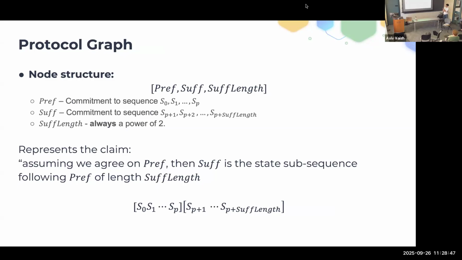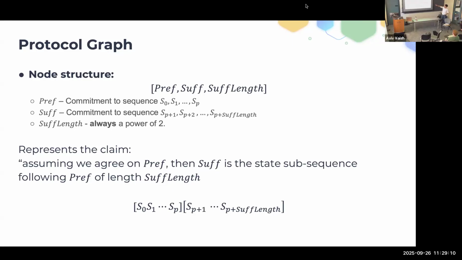So the node structure is pretty straightforward. There's more stuff in practice, but importantly, it's essentially a triplet, which is the prefix, which is a commitment to some prefix of the entire sequence, S0 say to some SP.